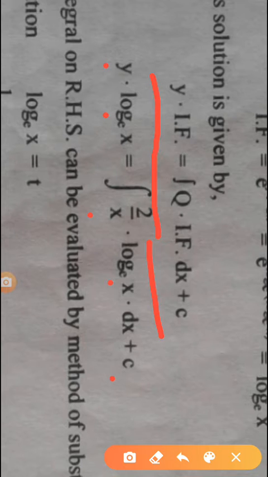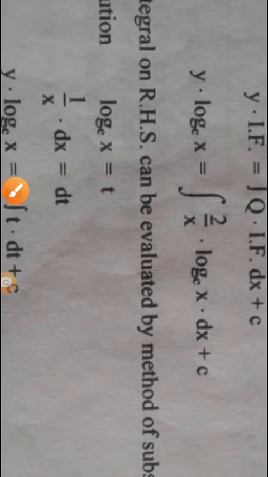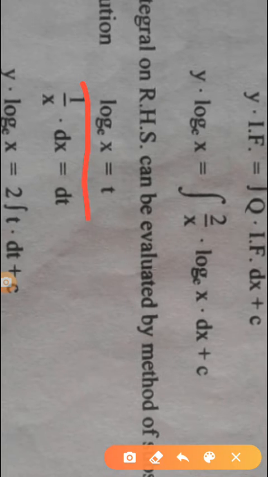Now find out the value. After finding out the value, put substitution, that is log x to the base e is equal to t, therefore 1 by x into dx is equal to dt, and therefore put this substitution in this integral.